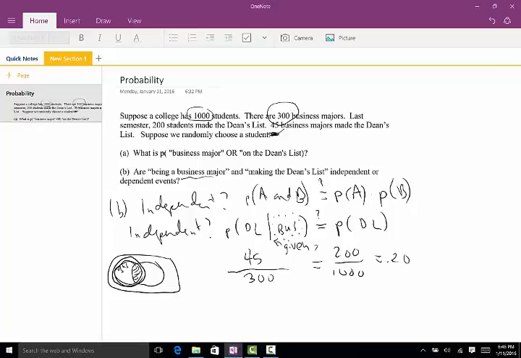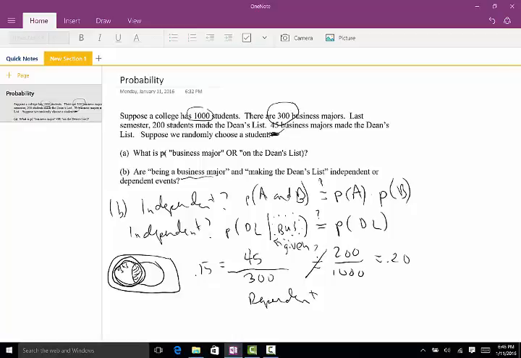So is 45 over 300 equal to 200 over 1,000? Answer is no. 10% of 300 is 30, so this is 15%. Right, 10% plus half of that again. So these are not equal. If those two are equal, then they're independent. If they're not equal here, then they are dependent.